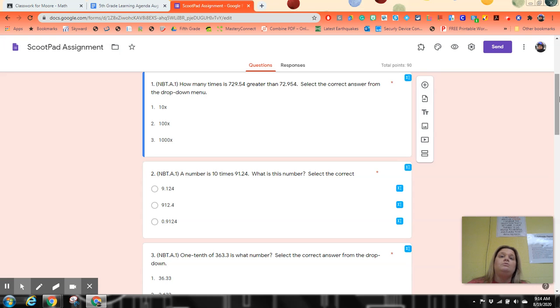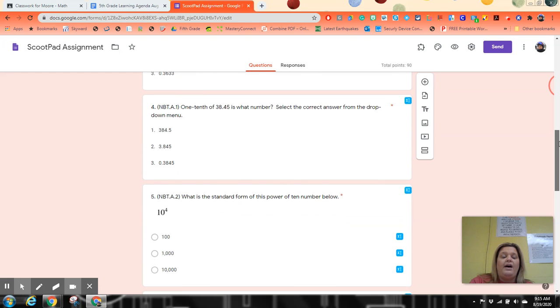Remember, if it's asking you 10 times more or 100 times more, you're moving that decimal to the right. Let's start over again. If you're multiplying, if it's asking what's 10 times greater, this is to the right. And if you're dividing, like with a tenth or a hundredth or a thousandth, you're going left with that decimal. That's all you have to do in this first part.